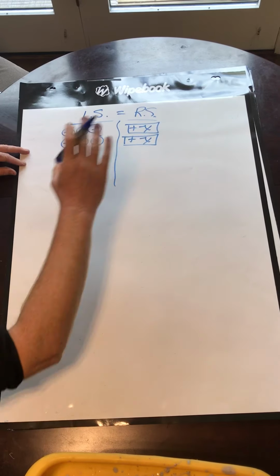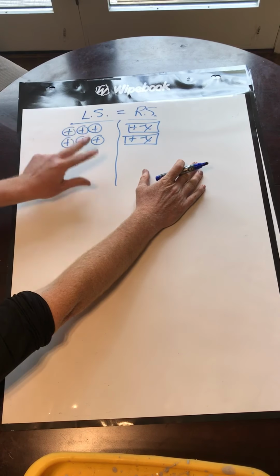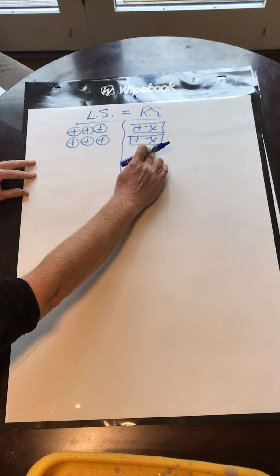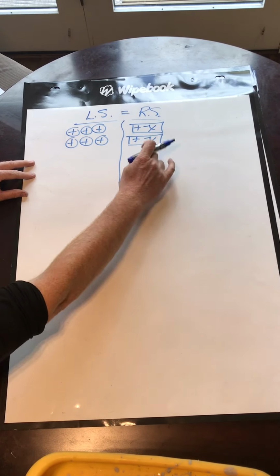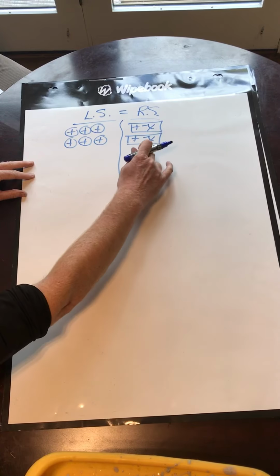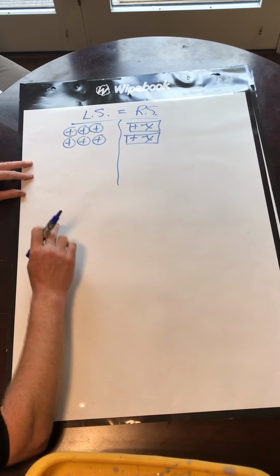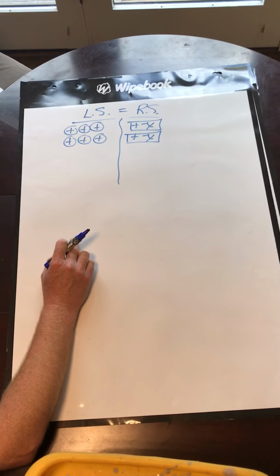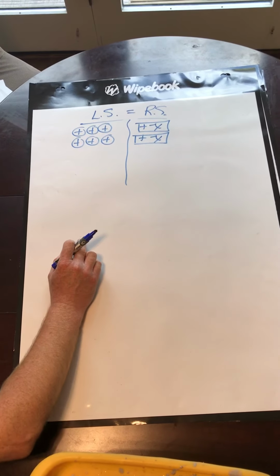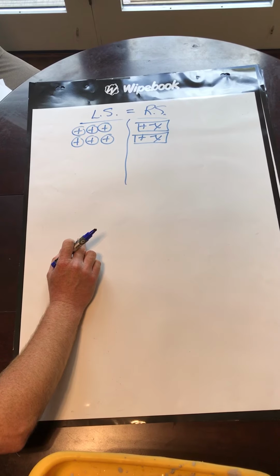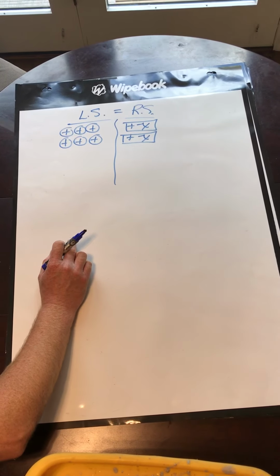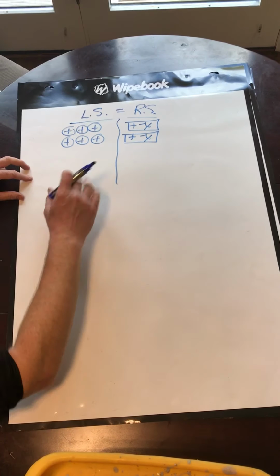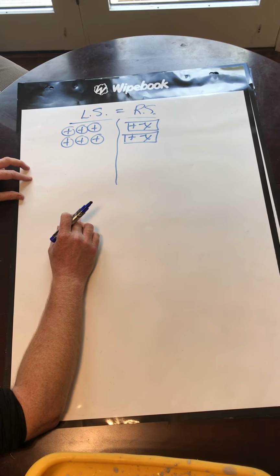Well, now I got only x tiles on the right side and unit tiles on the left side, so I'm good to go. But I don't want to know what 2x is equal to. 2x I know is equal to 6 now. I only want to know what 1x is equal to. So can I arrange the tiles such that we can find out what 1x tile is equal to?